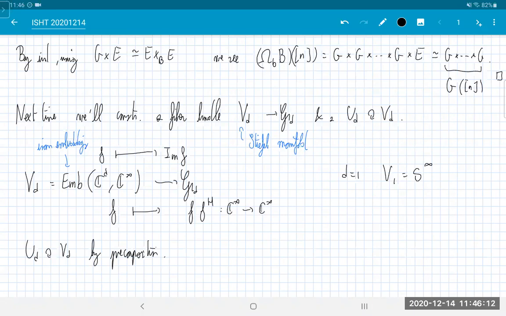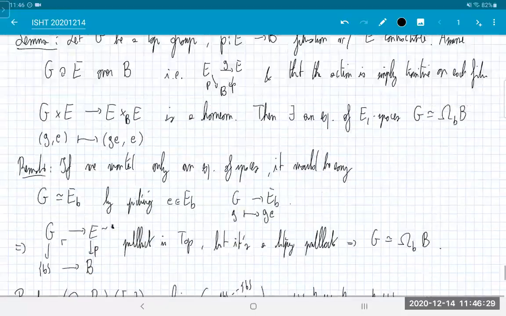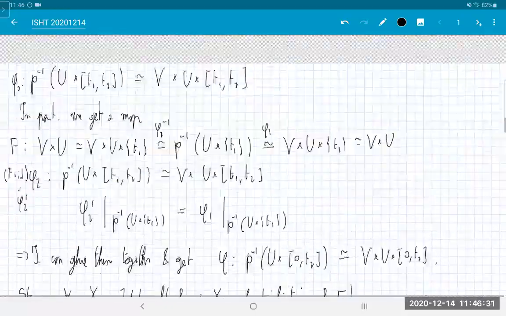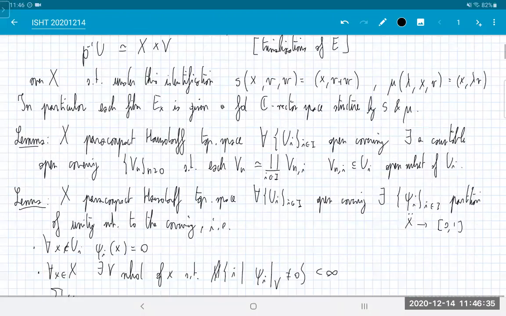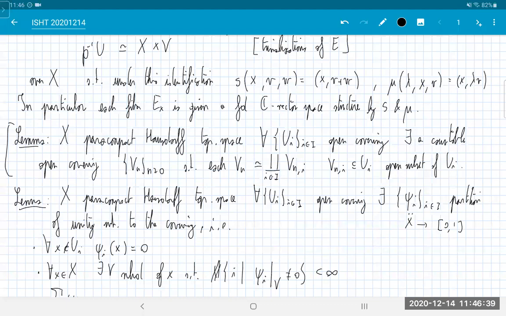Maybe, is there a connection between the fact that fiber bundles are fibrations for paracompact Hausdorff spaces and the homotopy invariance of vector bundles? Yes. To be precise, the connection is this lemma I skipped here, this lemma that you can find for any covering.